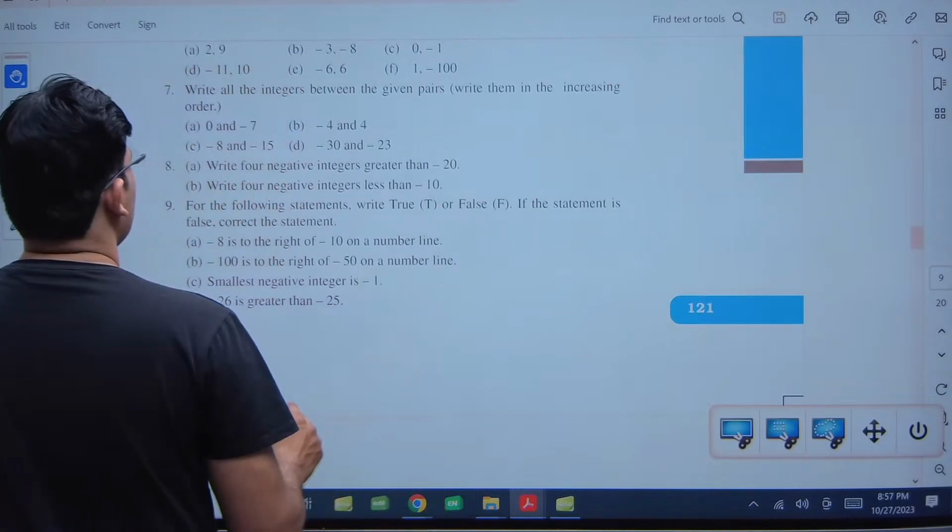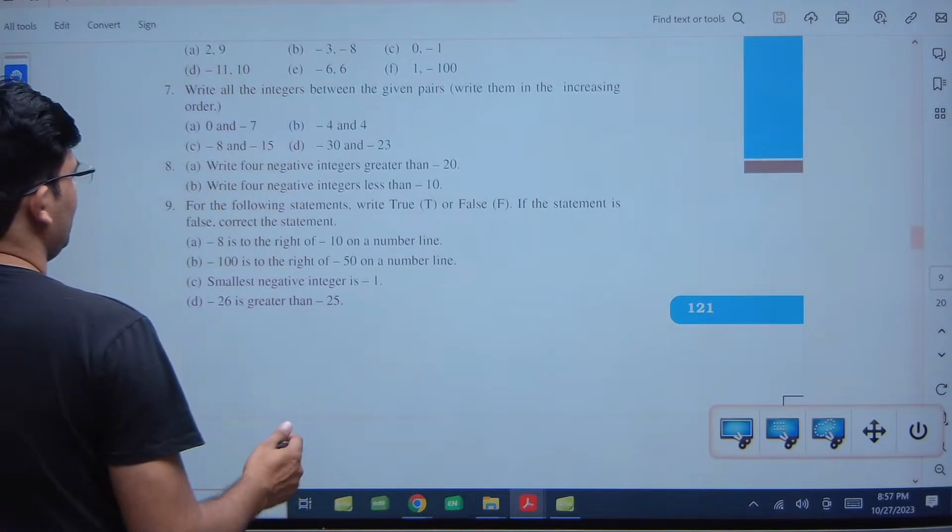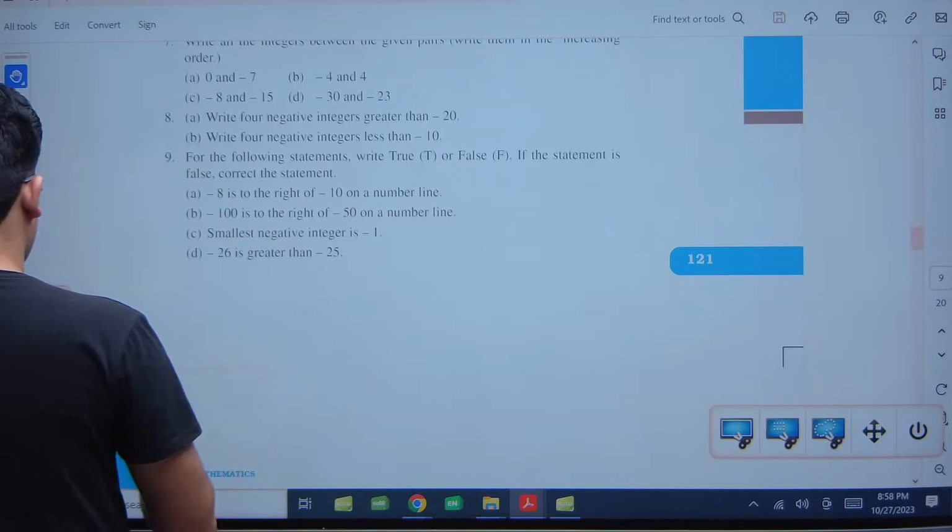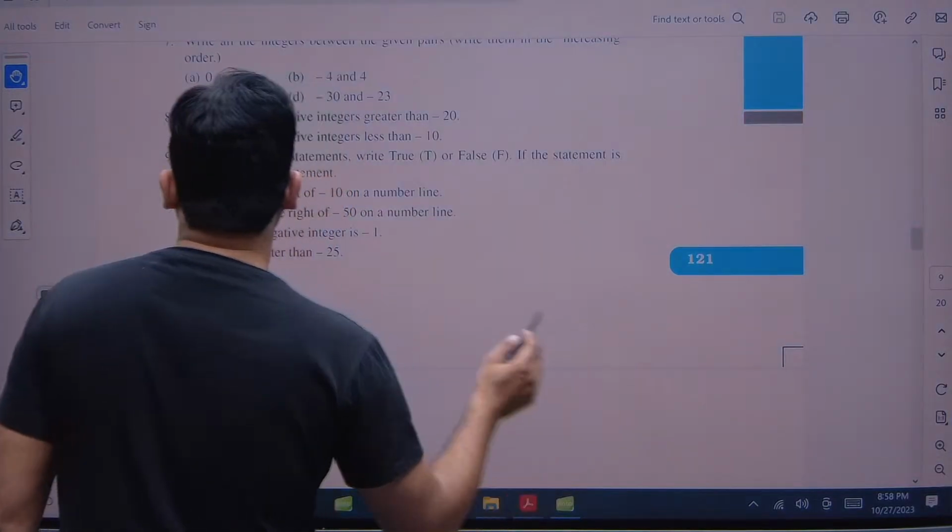Write all the integers between the given pairs. You can do it easily. Okay, so here are some more questions for you.